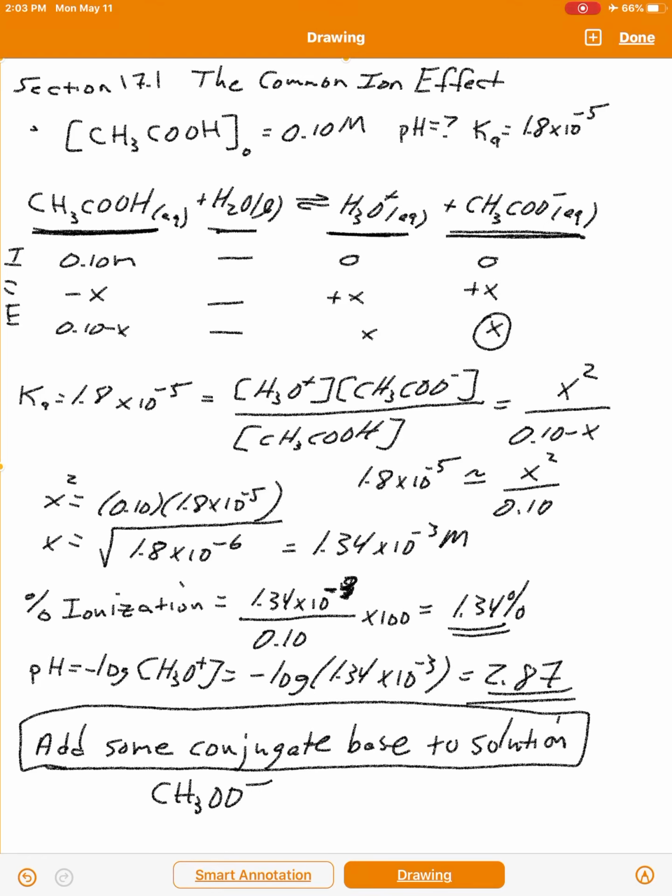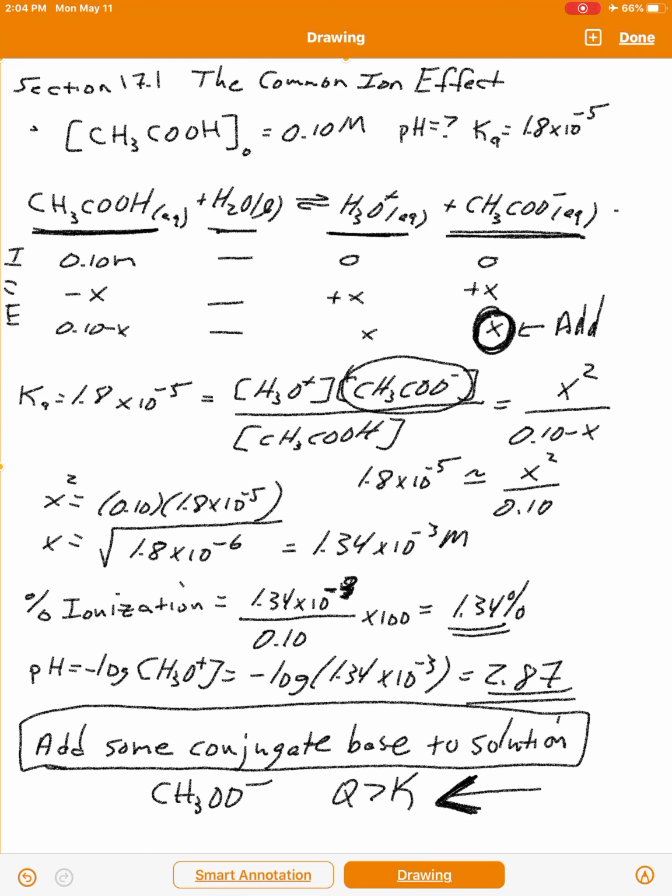In general, if you add more of this, that makes this concentration larger, and then Q would be greater than K. Remember what we said about Le Chatelier's principle in chapter 15: if Q is greater than K, the reaction goes to the left to counteract that change.